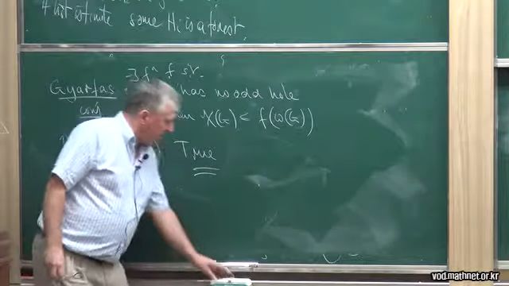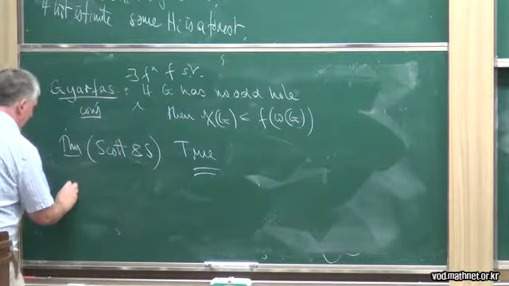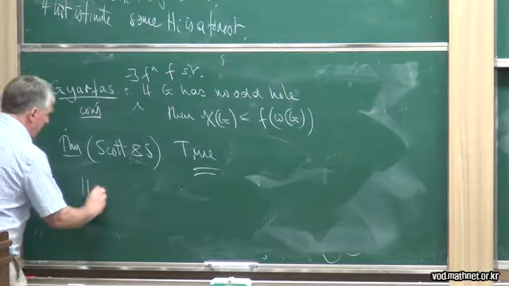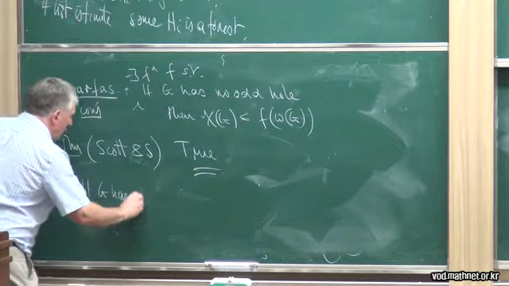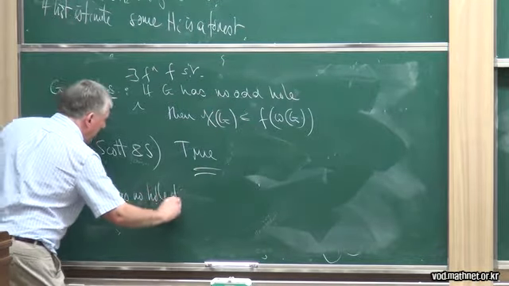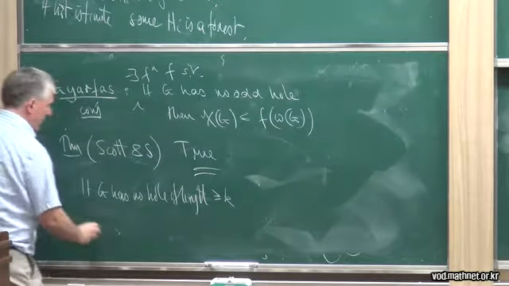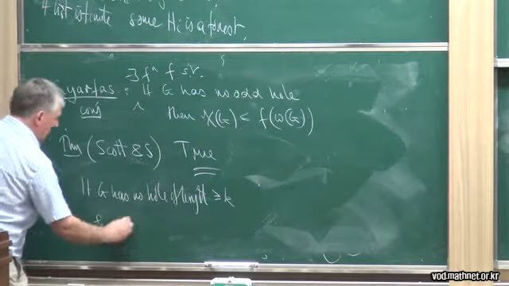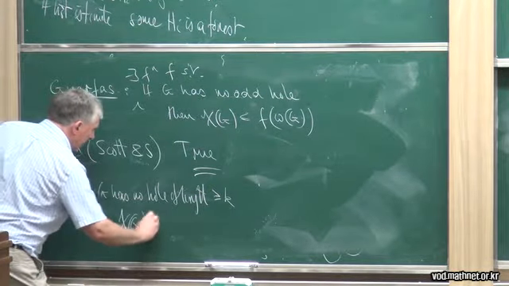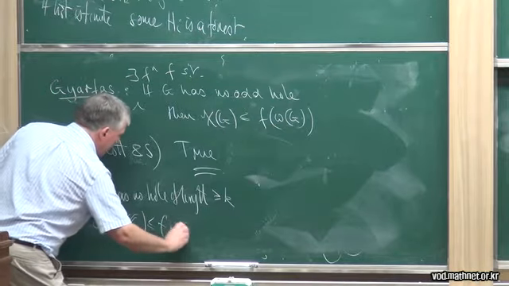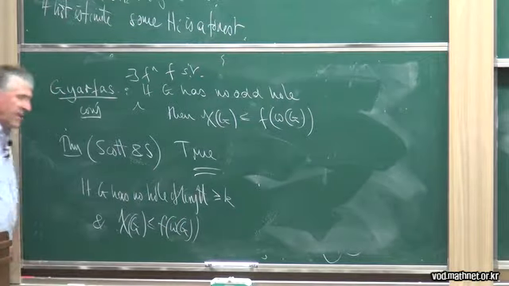So for instance, Jarfash conjectured that if G has no hole of length at least k, then chromatic number is at most f of clique number.